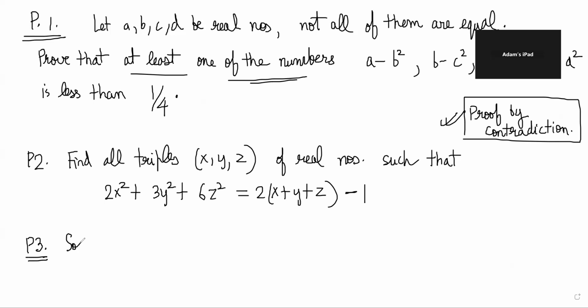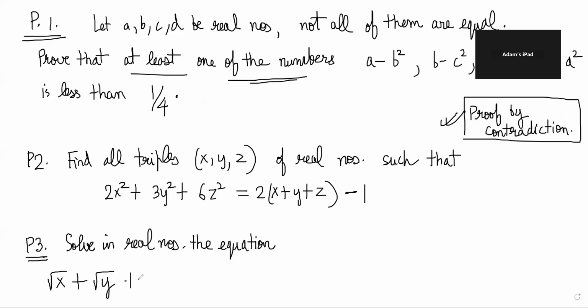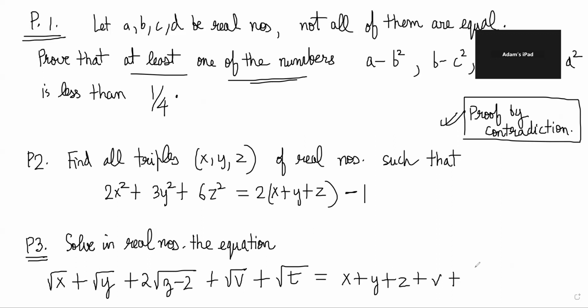Problem 3 is: solve in real numbers the equation root x plus root y plus 2 times root of (z minus 2) plus root v plus root t is equal to x plus y plus z plus v plus t.